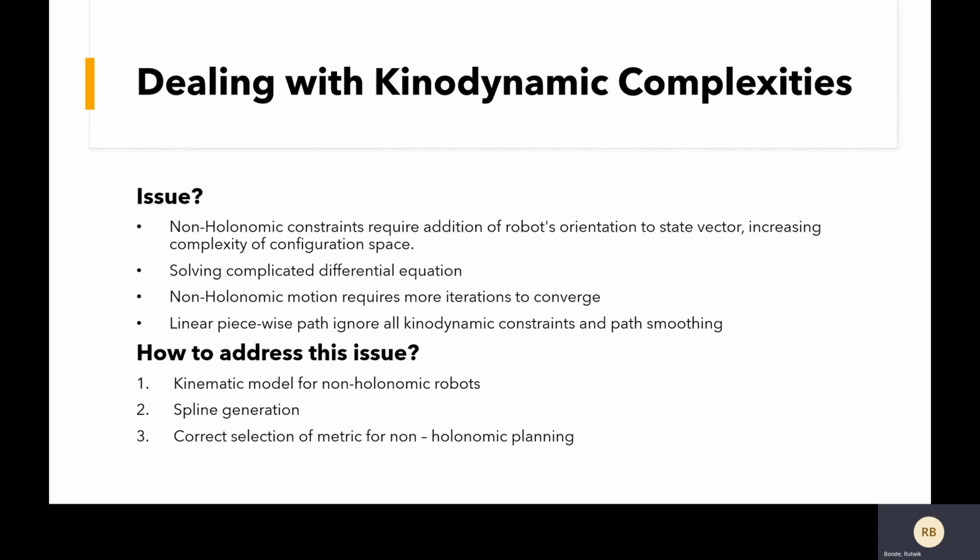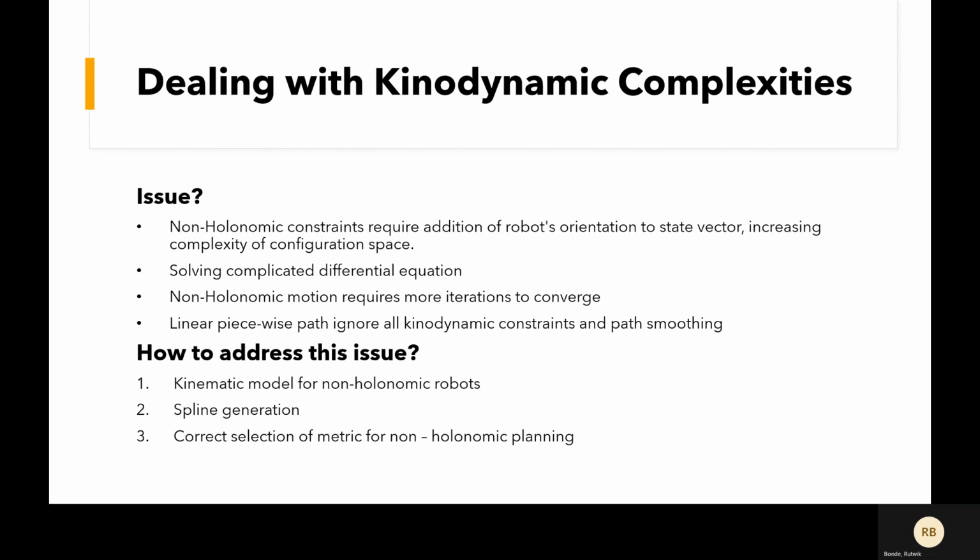Thus, planning for non-holonomic robots with kinodynamic constraints is more difficult and challenging than for holonomic robots. Usually, path planners generate a linear piecewise path, ignoring all the kinodynamic constraints and path smoothing.